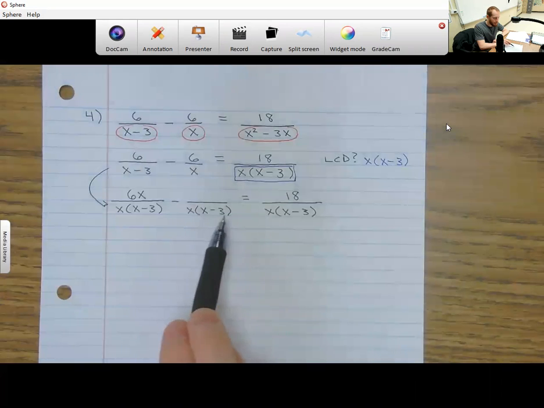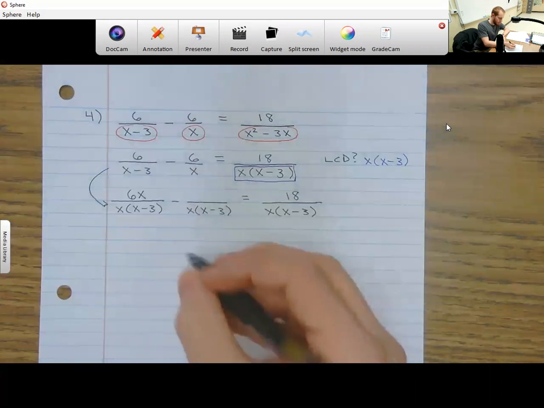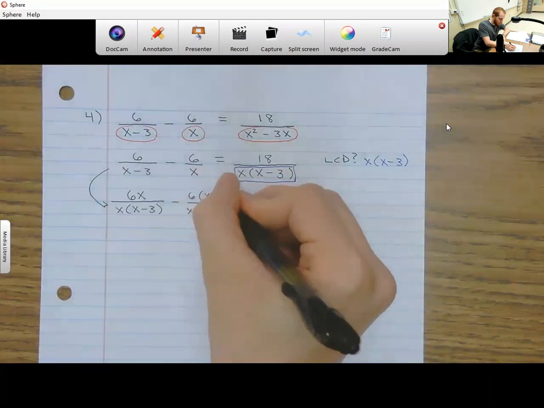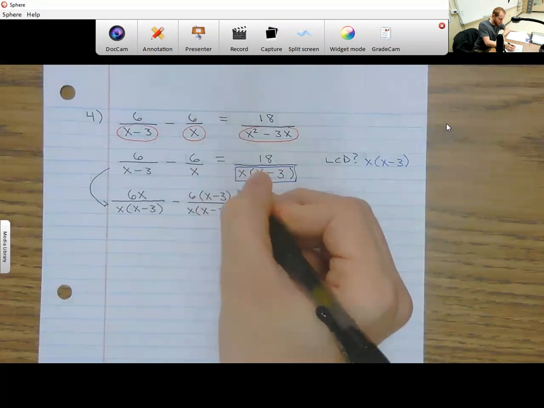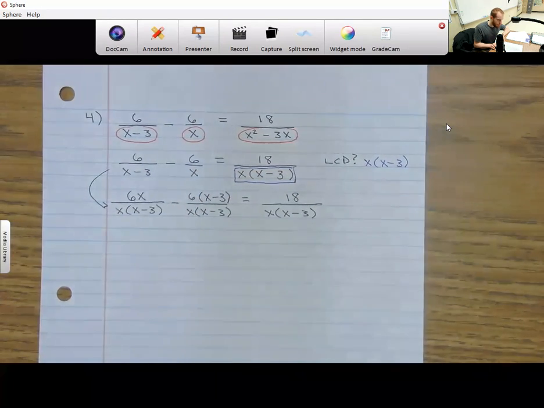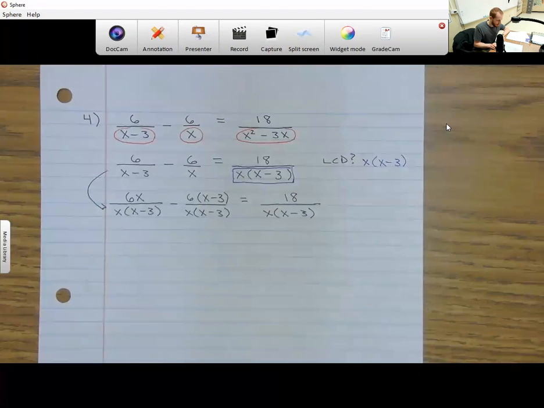I had to multiply by the x minus 3. So I'm going to multiply the top by x minus 3. Okay, so now all the fractions have my least common denominator. That's good. And all the numerators have been changed.